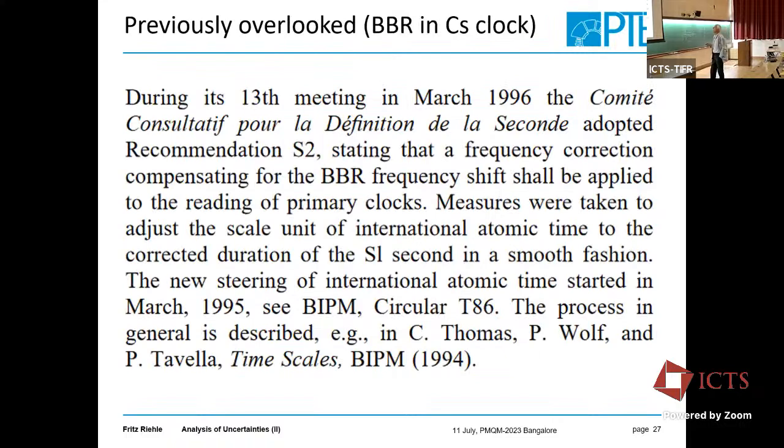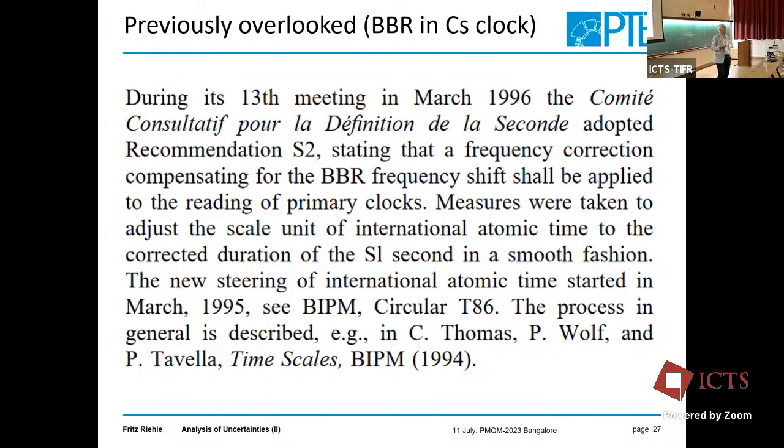In its 13th meeting in March 1996, the Comité Consultatif for the definition of the second then acted.